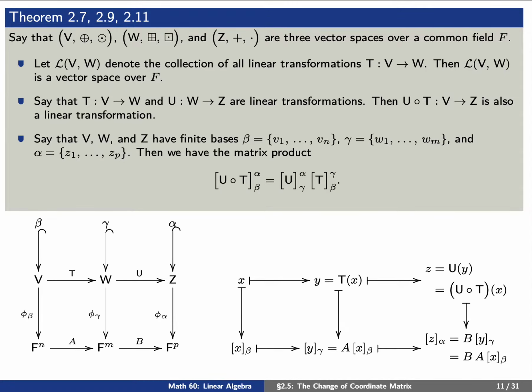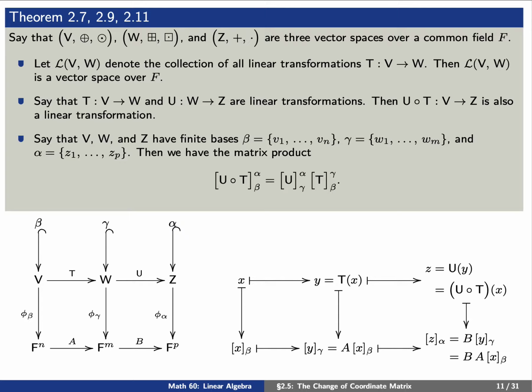The diagram here helps to explain all of the notation and what's going on. Again, V, W, and Z are vector spaces. We have a basis beta for V, a basis gamma for W, and a basis alpha for Z. Our standard representations allow us to express the elements x and y in terms of coordinate vectors [x] and [y].